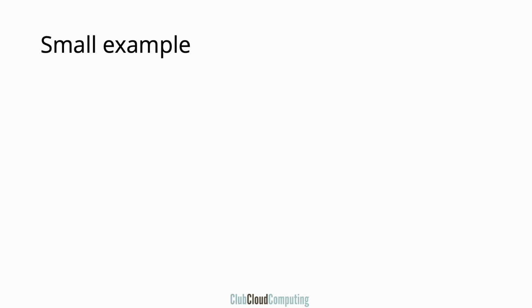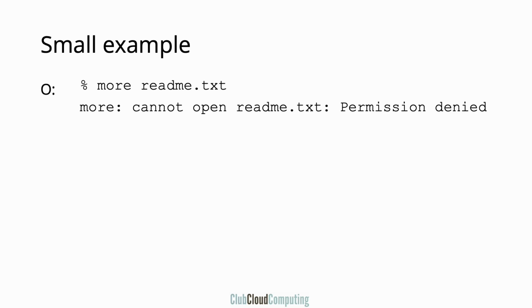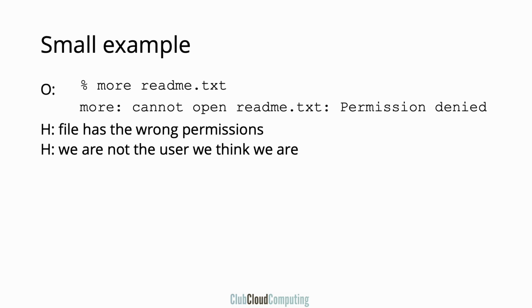Back to a small example. Our observation is permission denied. Now, thinking this through, as a Unix expert, we might go like, okay, hypothesis 1, the file has the wrong permissions. Another hypothesis is, we may not be the user that we think we are. What is a course of action that checks the first hypothesis? Well, that would be easy.